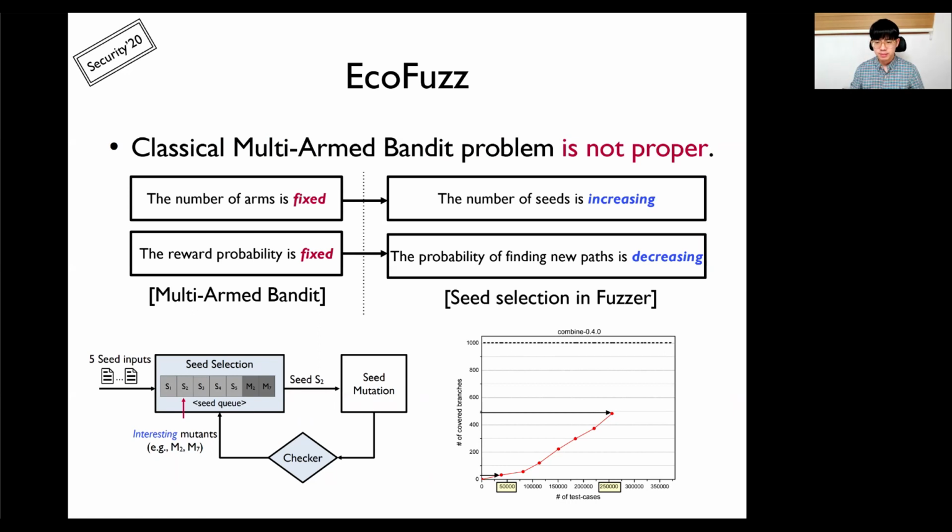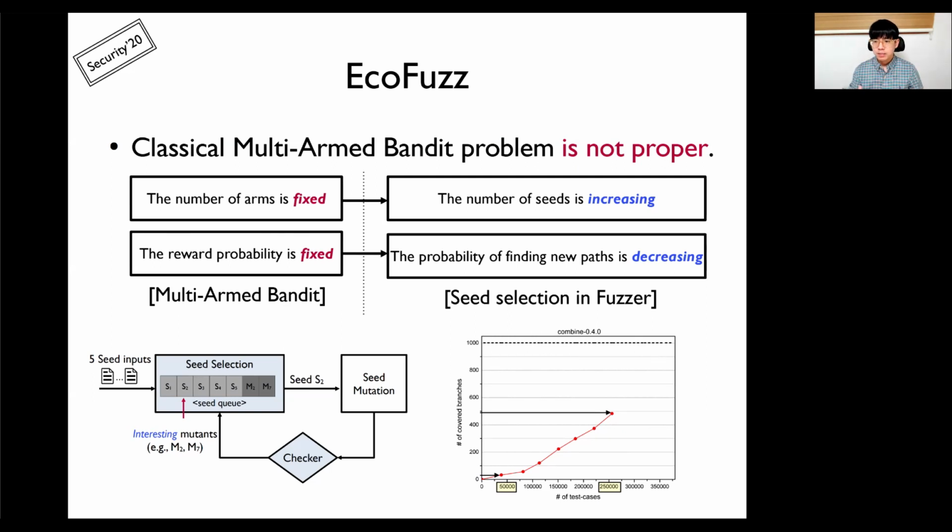In this graph, the x-axis is the number of test cases executed so far, and the y-axis is the number of covered branches. Of course, the branch coverage will be higher when we execute 250,000 test cases than when we execute only 50,000 test cases.